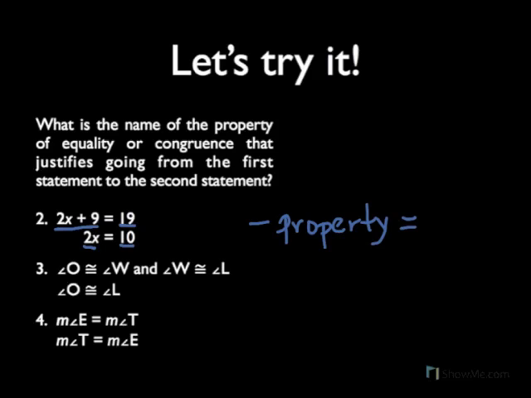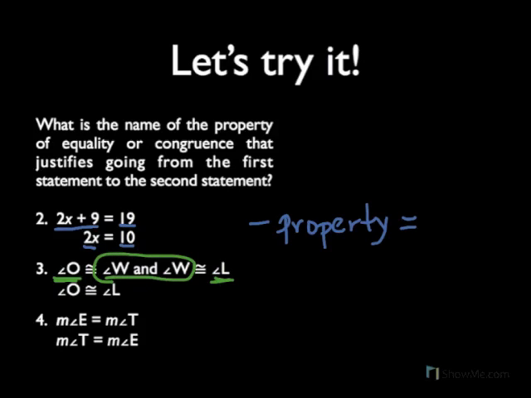For number 3, angle O is congruent to angle W, and angle W is congruent to angle L. Notice that we're going from basically the hypothesis of one statement to the conclusion of another, because the conclusion and hypothesis of the two statements are the same.